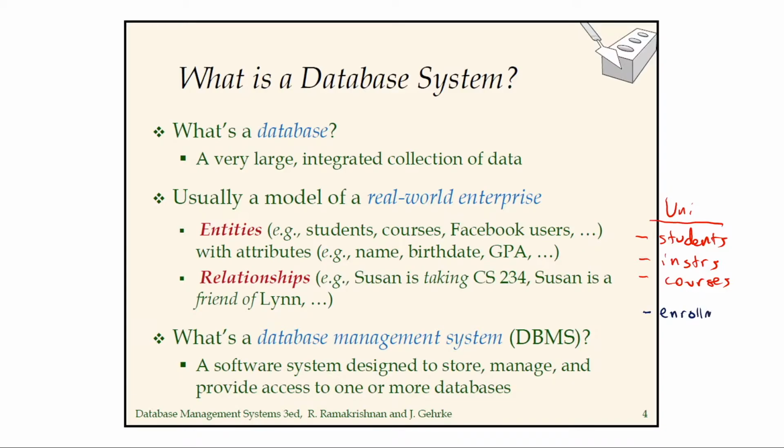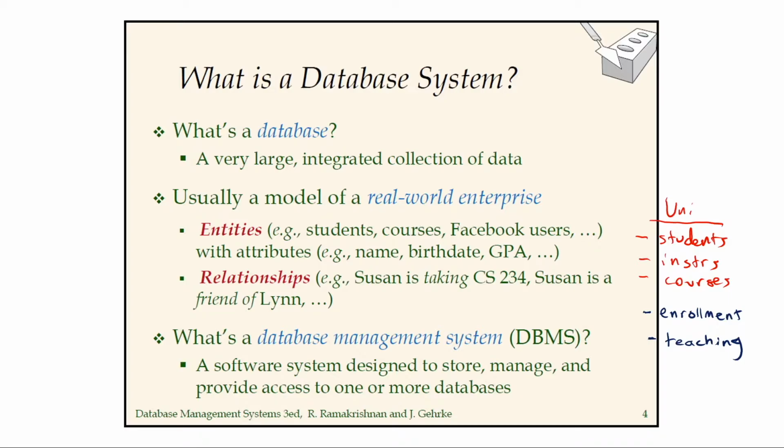So what would this be a relationship between? This would be students enrolling in courses. We could also have teaching, maybe. Teaching would be maybe instructors teaching students or instructors teaching courses to students, right? Regardless, this is kind of the thought process that goes behind modeling some type of real-world organization using a database.